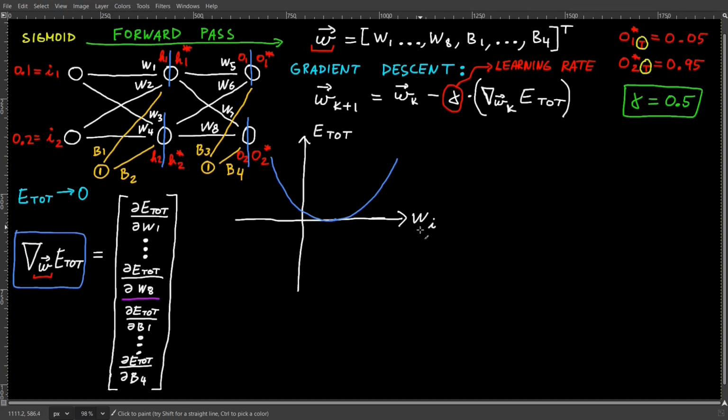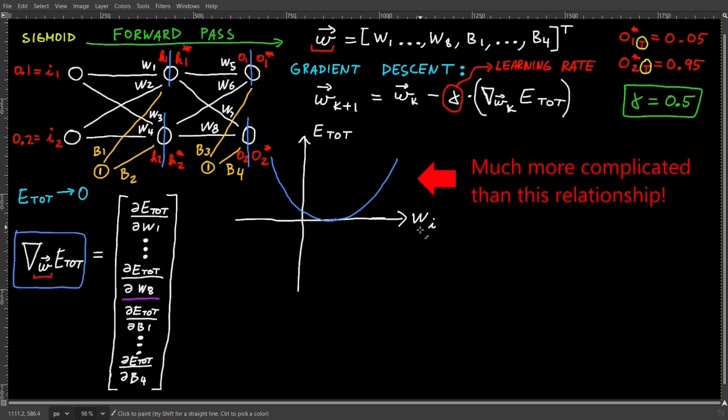In reality, the relationship between the error and the weight is much more complicated than this parabola, because you have activation functions and you have several layers in the network, which means that you have several activation functions, so the real relationship between the error and the weight is going to be much more complicated.